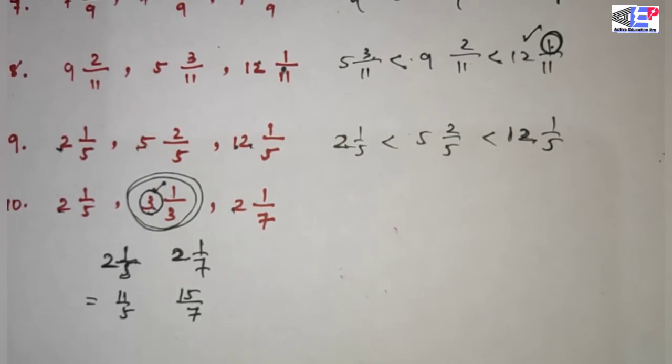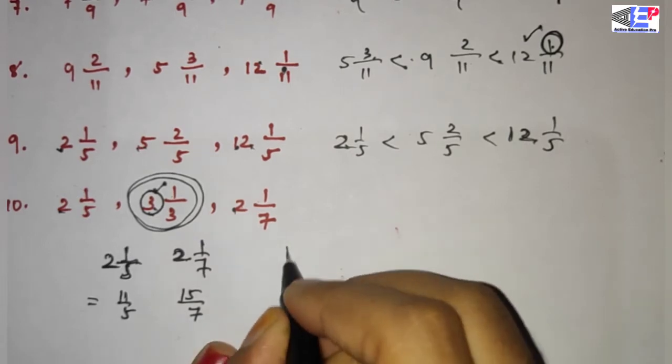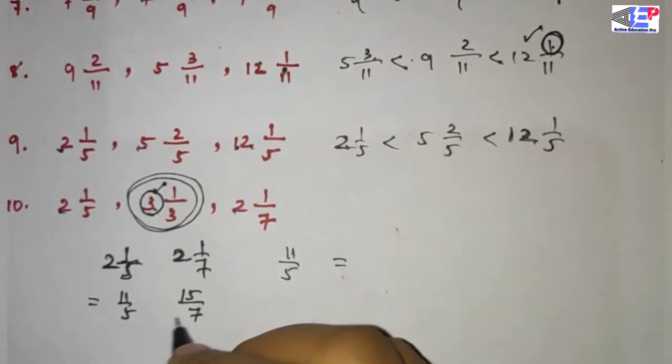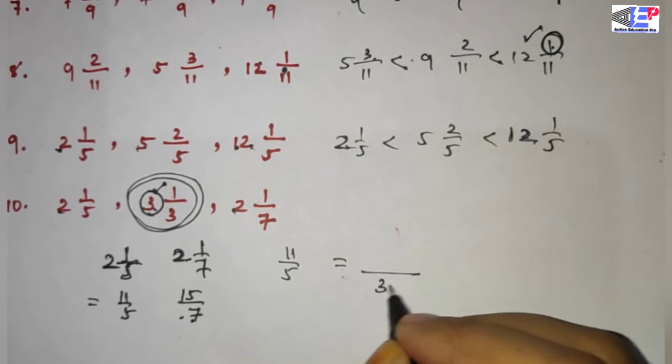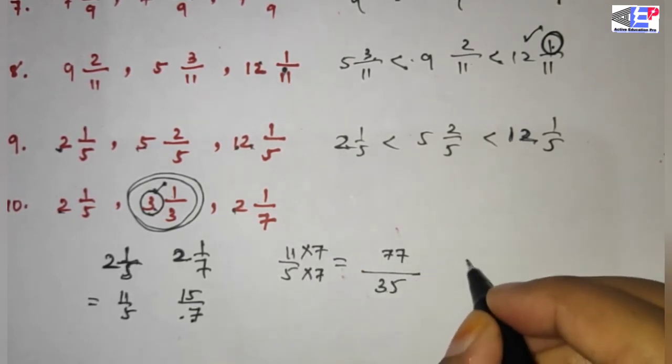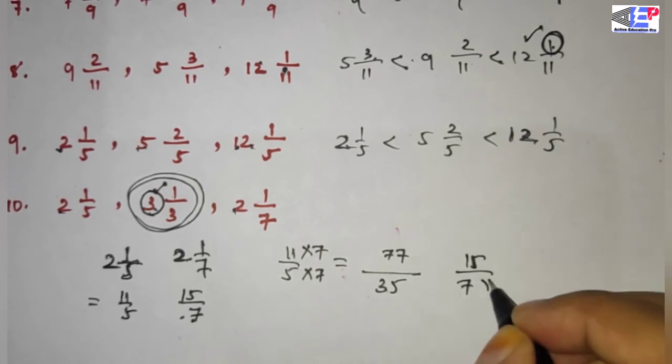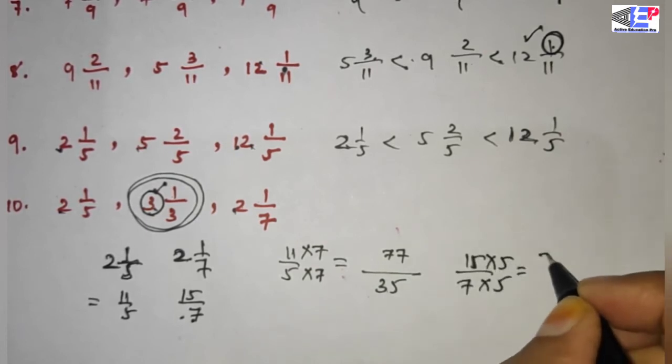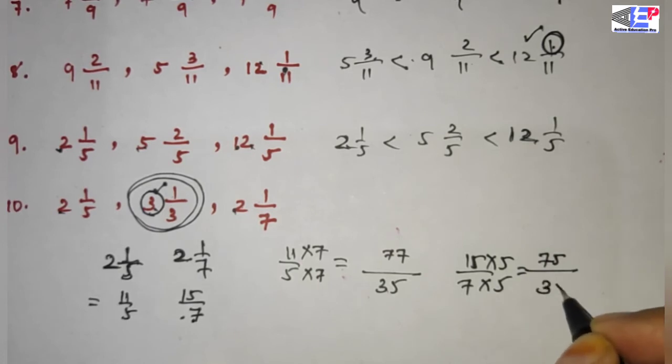Again, make them like fractions. The LCM of 5 and 7 is 35, so 11/5 multiplied by 7 is 77/35, and 15/7 multiplied by 5 is 75/35.